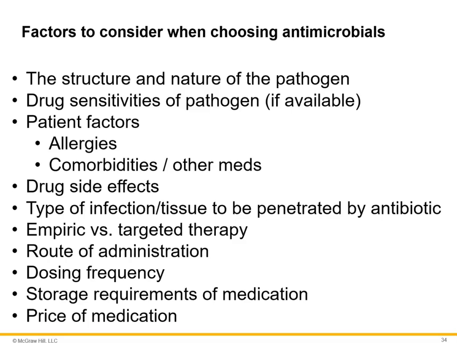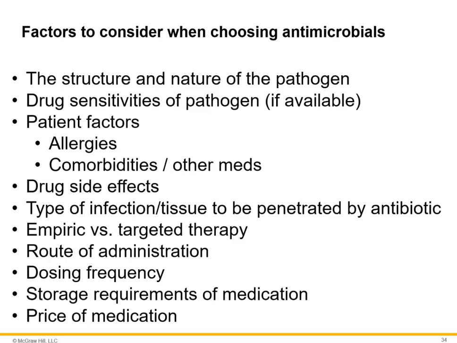Patient factors you need to take into consideration. First and foremost, allergies. Never prescribe a medication that a patient is outright allergic to. Next, you need to think about the patient's comorbidities. So what other diseases do they have? Do their kidneys work okay? Is the drug excreted through the kidneys? Or is it metabolized by the liver? Does the patient have liver problems that you need to worry about?